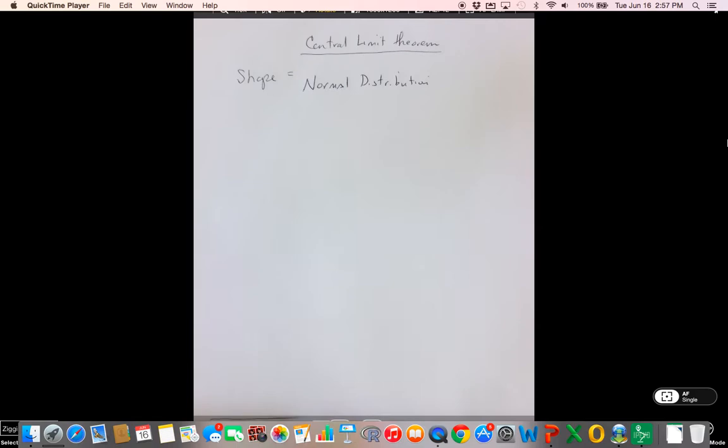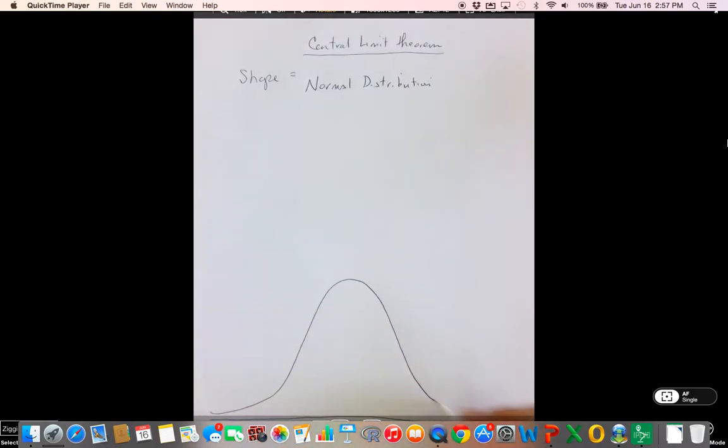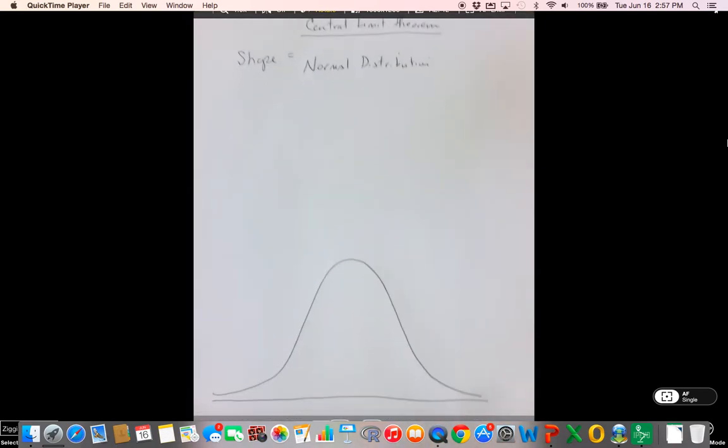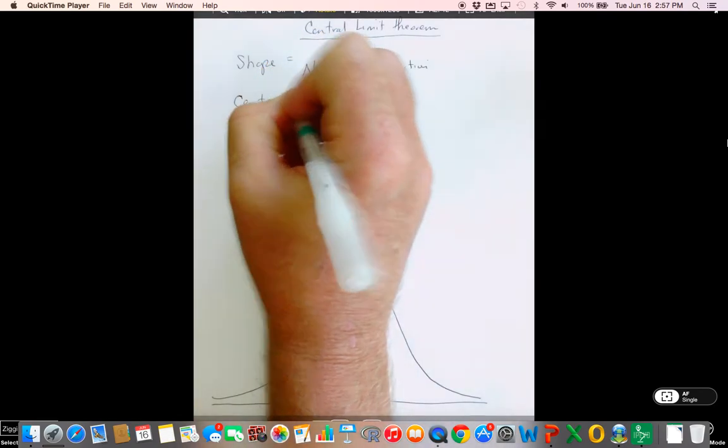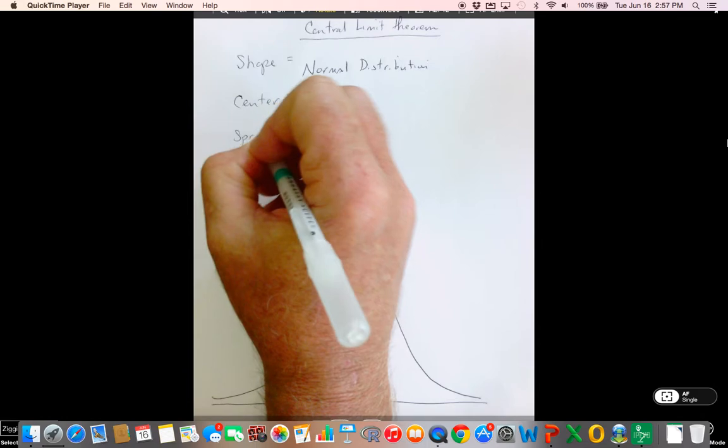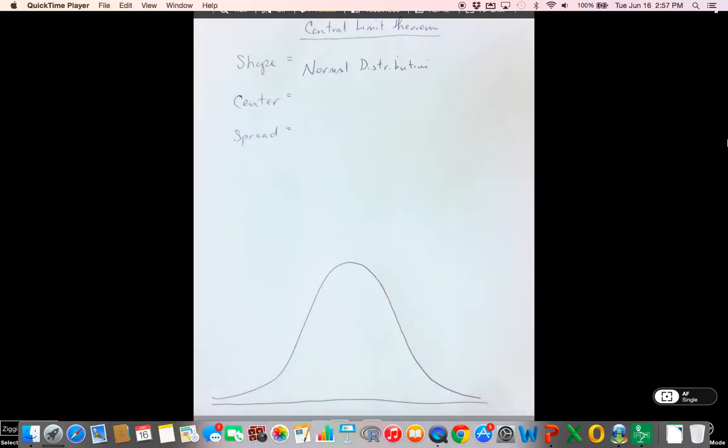Well, that's cool. We know a lot about those things because we just studied them. They look like this, don't they? And we know that these two things are defined by their center and their spread.